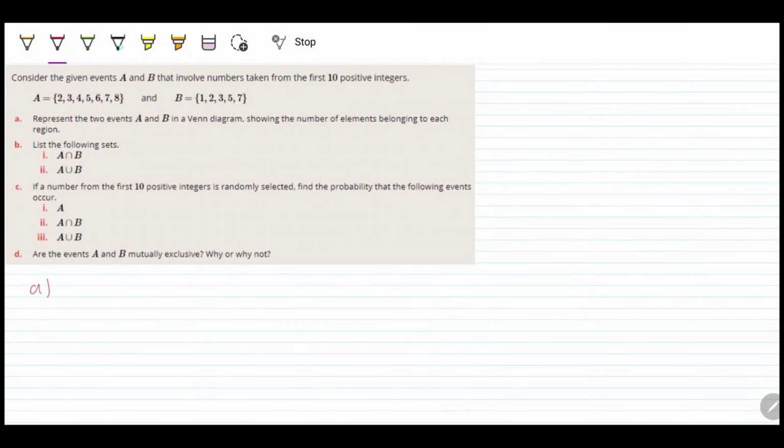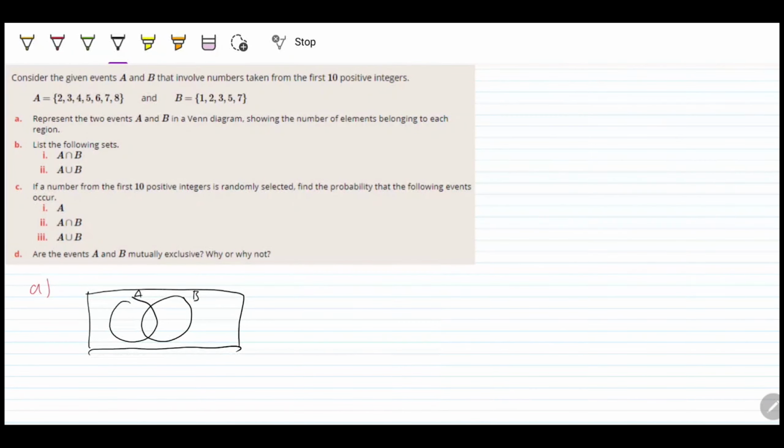To start off our Venn diagram, I would first draw a box, followed by two circles, one representing A and the other one representing B. From our sets, we need to ask ourselves, how many elements do A and B have in common?